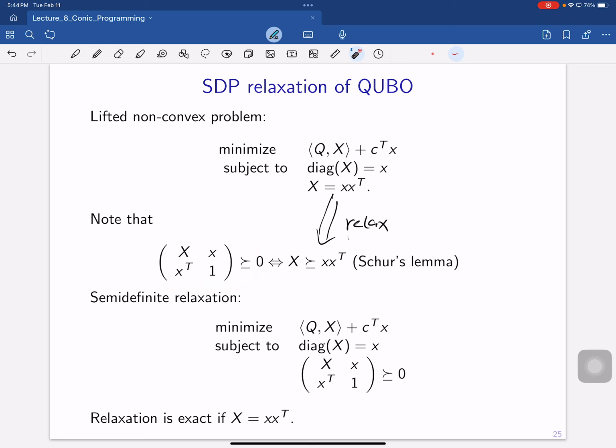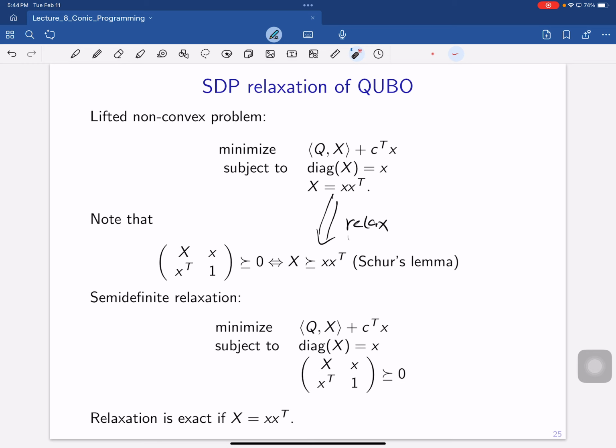Now, this is called the semi-definite relaxation of the QUBO problem, where you get rid of the binary variables, and you get rid of the non-convexity in the matrix Q. Because now you have a linear function in the objective, Q times X, and in the constraints you have a linear equation and a PSD constraint. It is also convex. So that's the trick to derive the PSD relaxation of a QUBO problem.